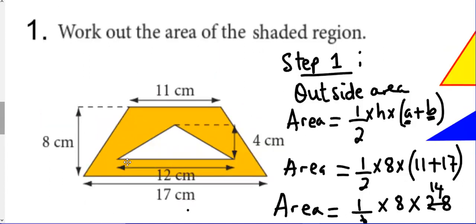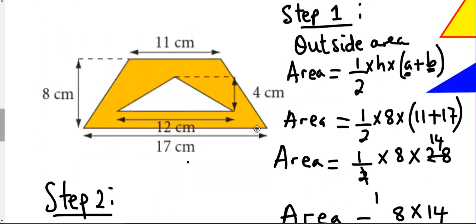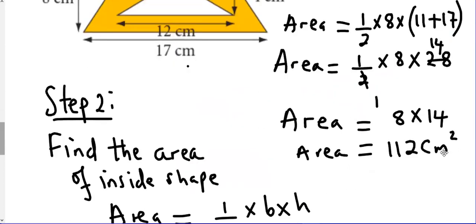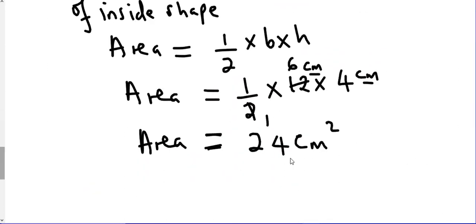Now, can you see the area shaded here? And that is the question. Work out the area of the shaded region. So the area of the shaded region will be the area of the outside shape, which we got in step number 1, minus the area of the inside shape. So the area of the outside was 112 centimeters square, and the area of the inside is 24.